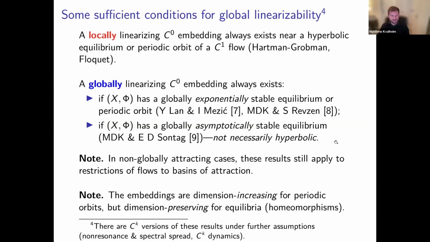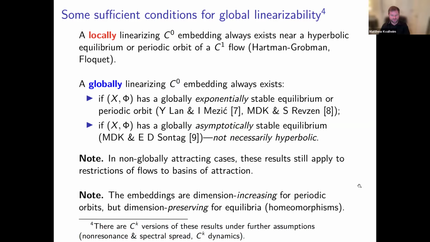And as I mentioned, these embeddings are dimension increasing for periodic orbits, but dimension preserving for equilibria, so homeomorphisms in that case. And of course, in non-globally attracting cases, you can always just restrict to the basin of attraction to apply these results.